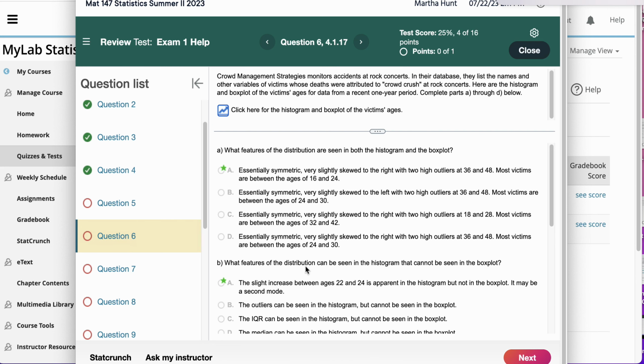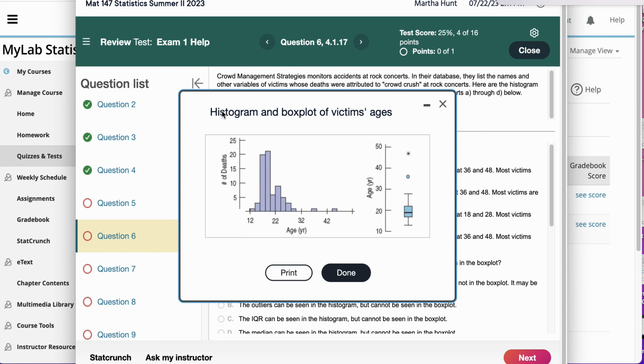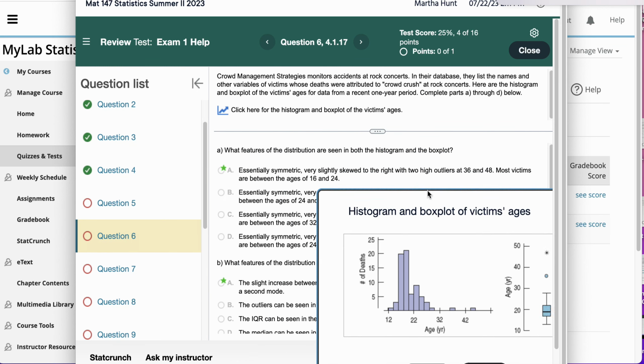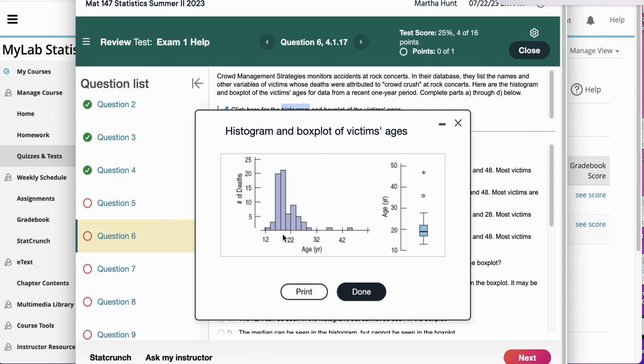And the ages. The majority of the ages are between 16 and 24. 12, 14, 15, 16, and, I know, this is much better.